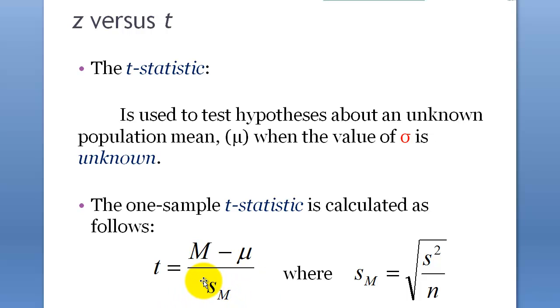So basically we replace the population parameter with the sample statistic. That's what I did here. It was sigma here, right? And of course s sub m, it's just like sigma sub m. Replace the sigma with the sample standard deviation or standard error. In this case it's squared, so it's just like variance, sample variance.